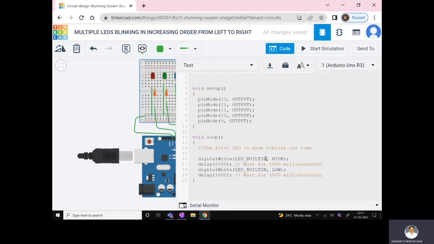Here we use digital write. First LED means the 13th pin is connected to the first LED. Here we use 100 milliseconds. Wait for 100 milliseconds. The 13th pin is low. Delay is 100 milliseconds. Wait for 100 milliseconds. Completed.